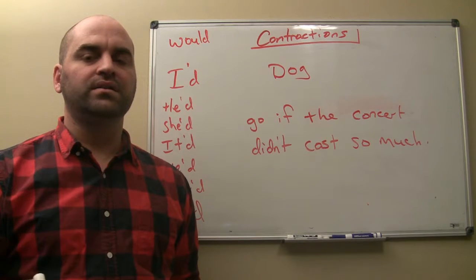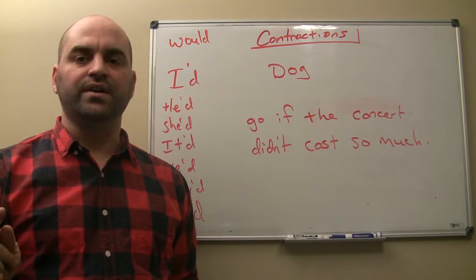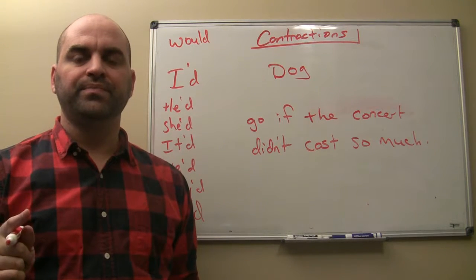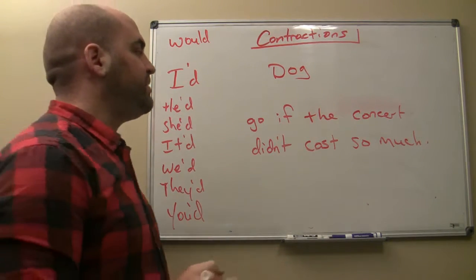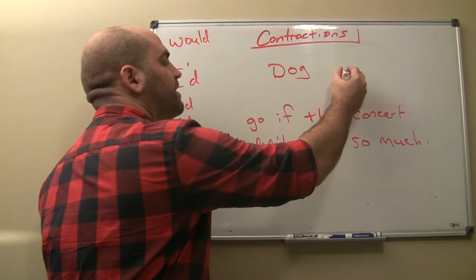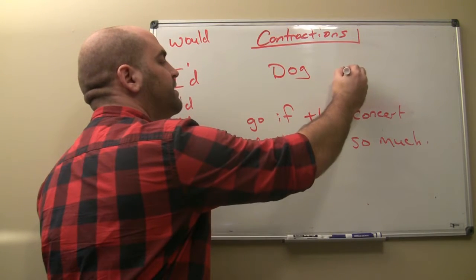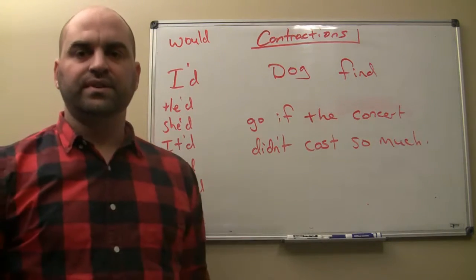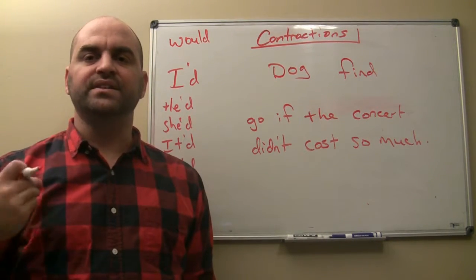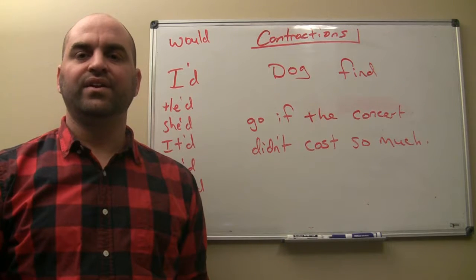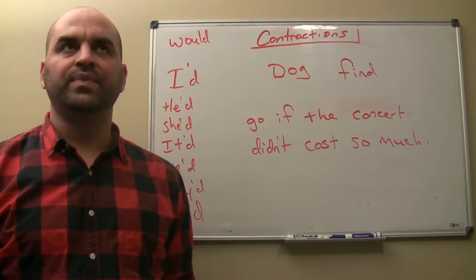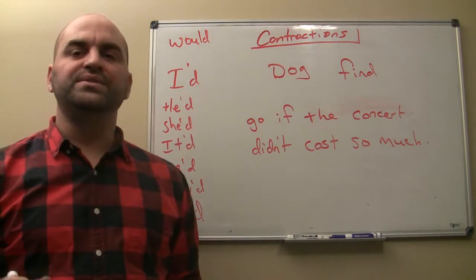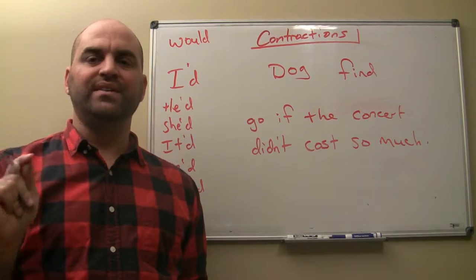Spanish, dog, English, dog. That's one way we do D. The next one is, for example, find. Again, it's D. Find. The third way we do it is we kind of stop.